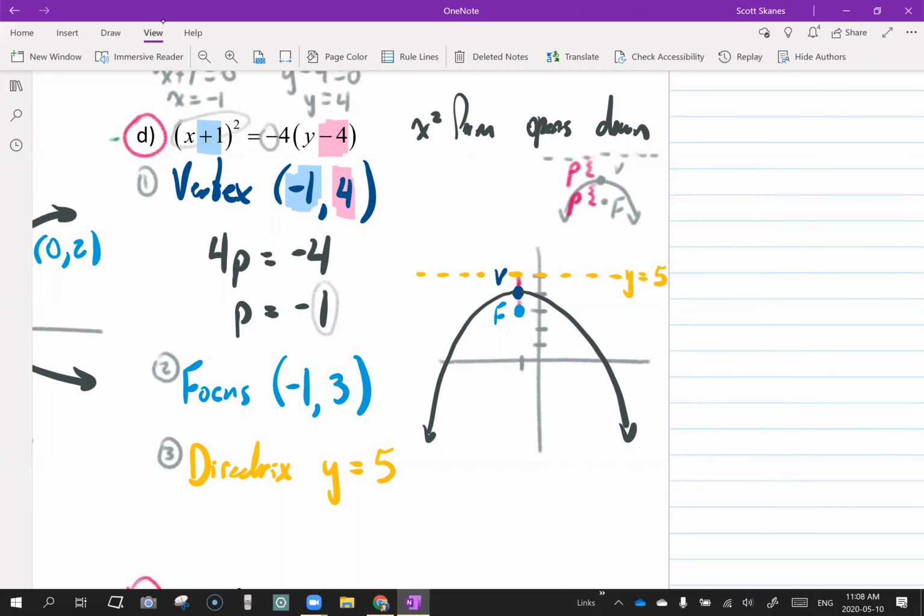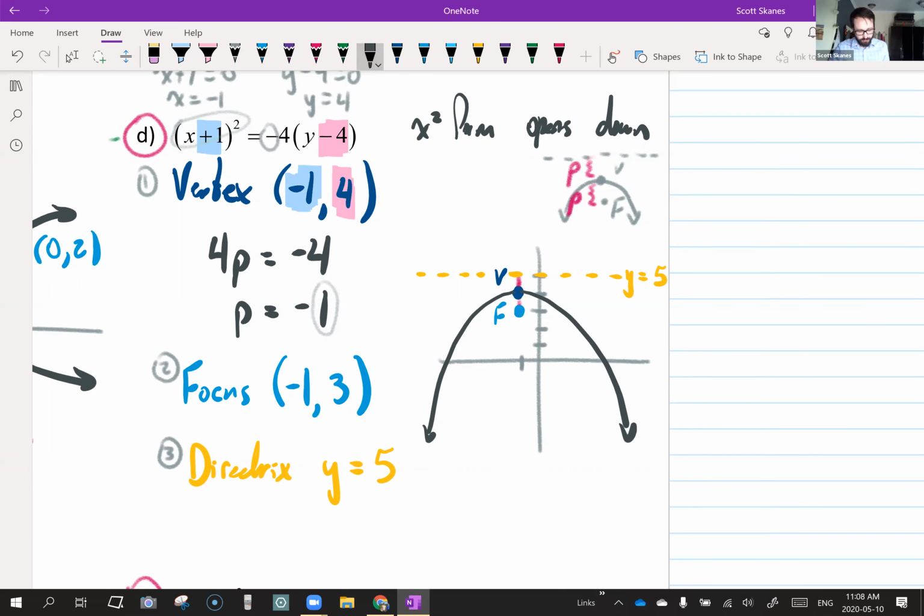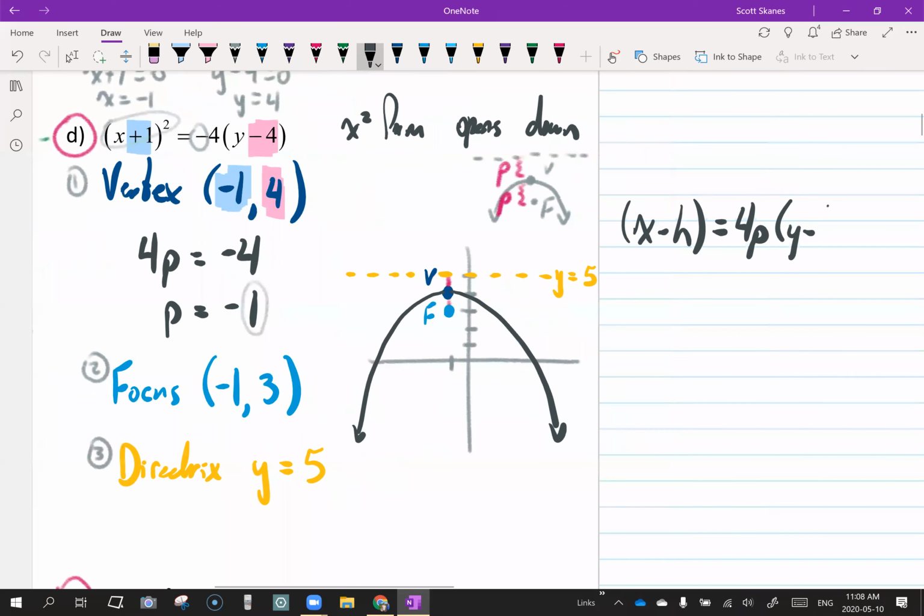Mister, why do you say 4p equals -4? Where does 4p come from? Okay, so we have a general equation. In this case, the general equation matches this shape. This is our general form.